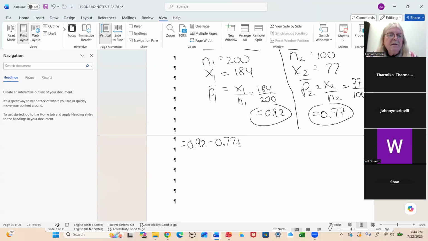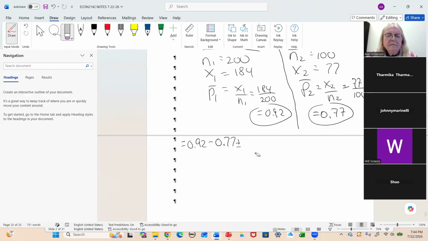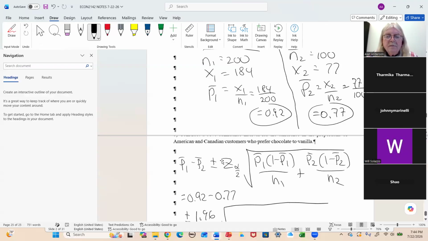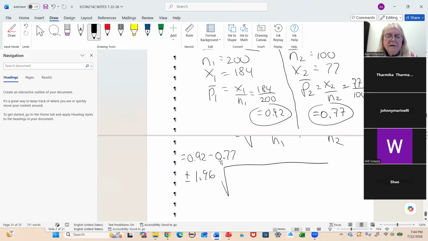And then we're probably going to run out of room. I'll write it like this. P1 bar. Oh, we already have it. And one minus that is clearly 0.08.